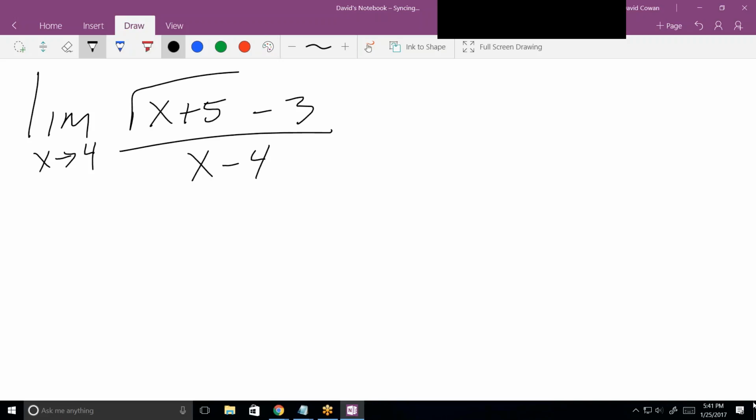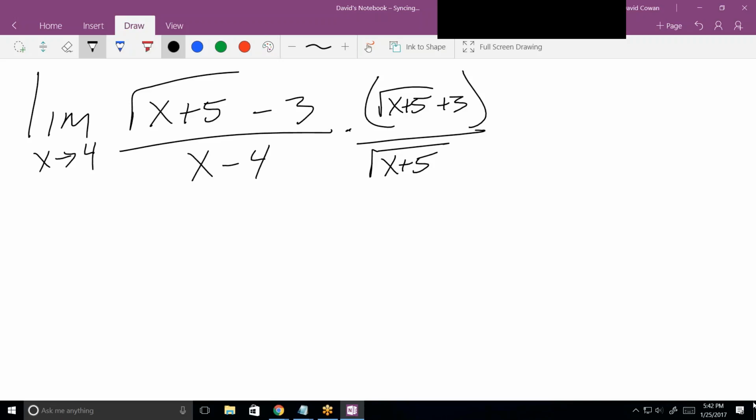Multiply by root x plus 5 plus 3, top and bottom. What's that give you in the top? X plus 5 minus 9.